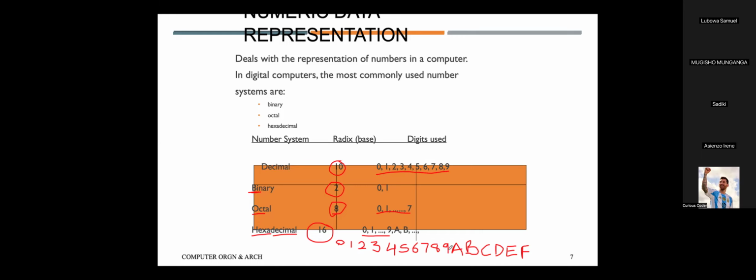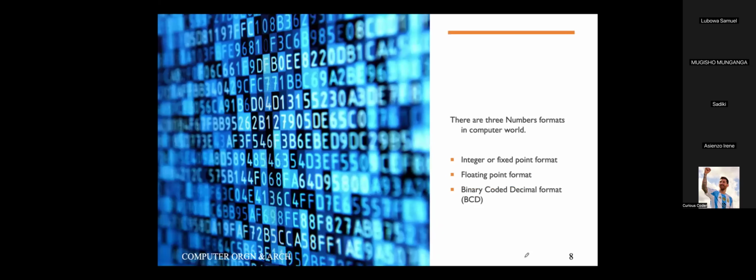Because 9 is in the 10th position, A represents 10, B represents 11, C represents 12, D represents 13, E represents 14, and F represents 15. That is the hexadecimal.